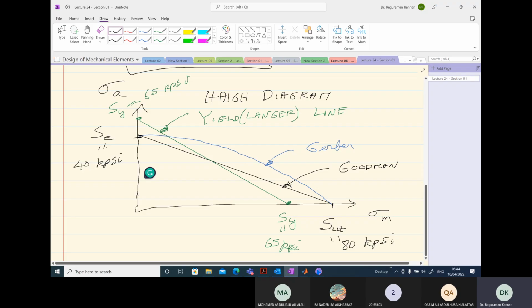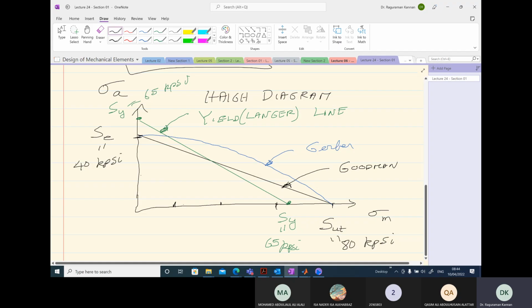So if this is 65, we have to divide it by 20. Let's divide the axis: 40, and maybe this is 60, 65, and 80. Okay, so looks almost right.